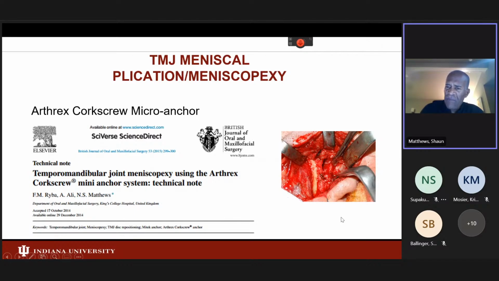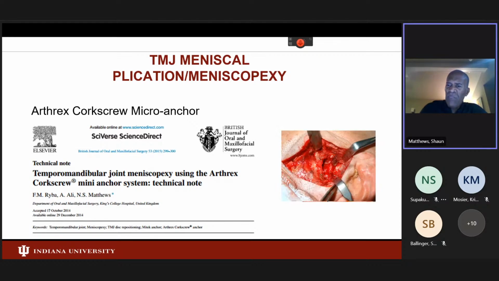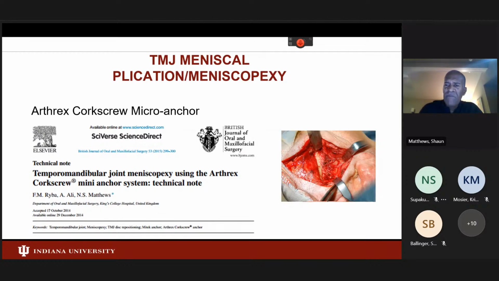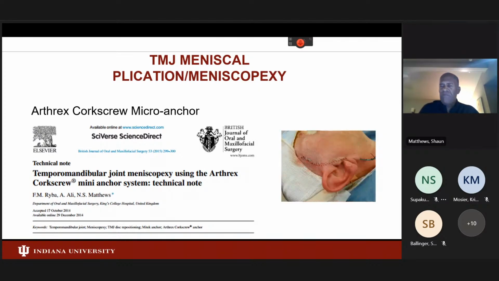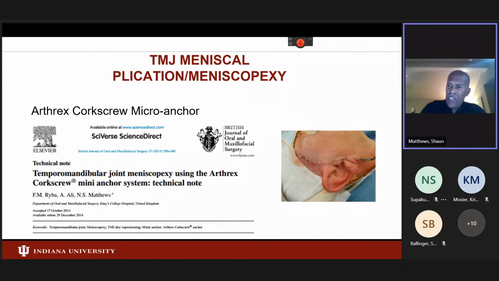And we pass the fibrewire through that mobilized disc and pull the disc back, and that will fix the anteriorly displaced disc. We then will close up the capsule, which was previously exposed to get into the joint space, and then close the wound, insert a surgical drain, and job done. That is a corkscrew microanchor approach to a discopexy procedure for an anteriorly displaced disc.